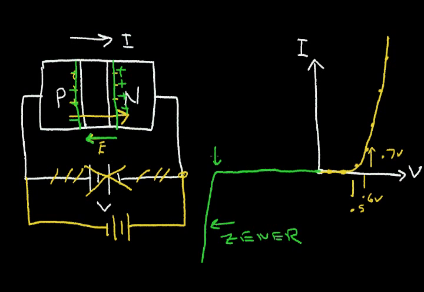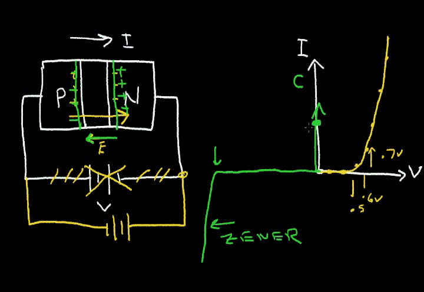And now remember that as the width of the depletion region changes, the capacitance changes. So I can also plot capacitance. Let's also plot, along with the current, capacitance. Now if I have zero bias on the junction, I may have a capacitance here.